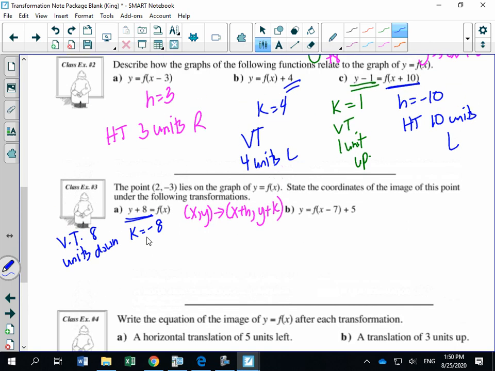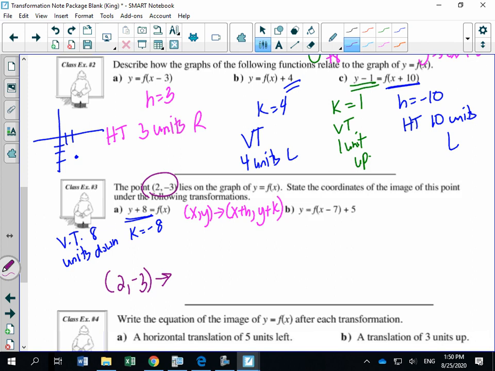So I'll just show you. x is at 2, y is at -3. So that's my point there. What's the new point when this goes 8 units down? Here's how I want you to write it. Our original point is 2, -3.